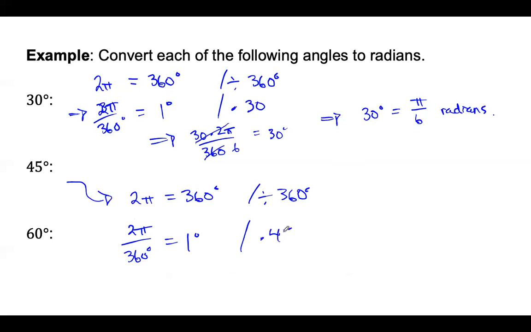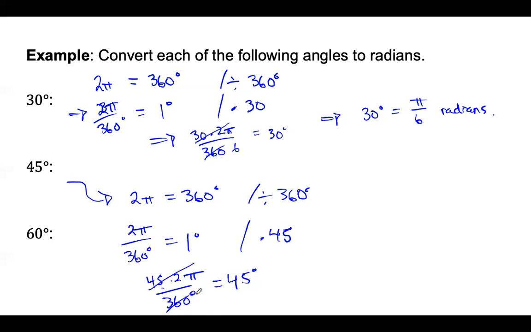Times it by 45, both the left and the right hand side. So 45 times 2 times pi divided by 360 degrees equals our 45. 45 times 2, that's 90. 90 going into 360, that's 4.